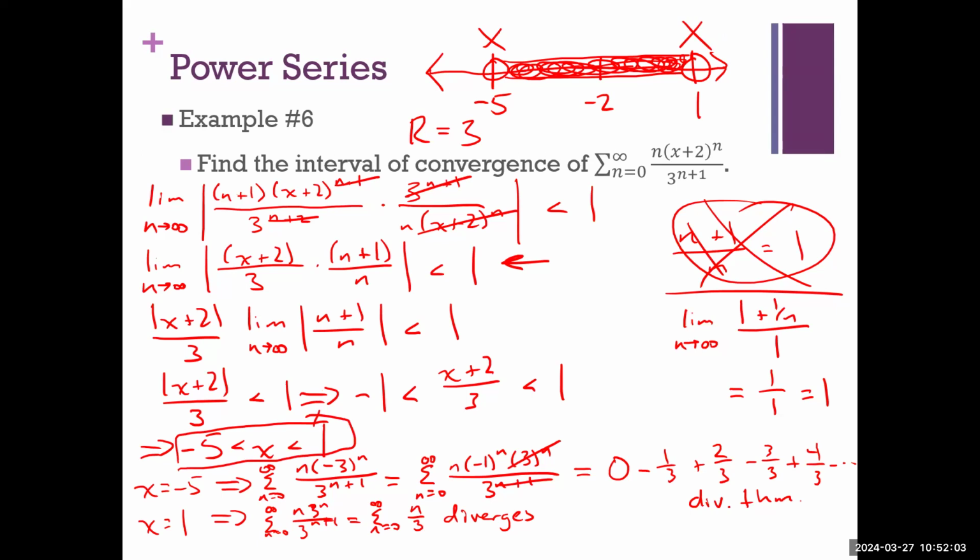So there's kind of a lot that goes into finding the interval of convergence of these things. How do we do this? Okay. So that's all I got for power series, at least for that section.